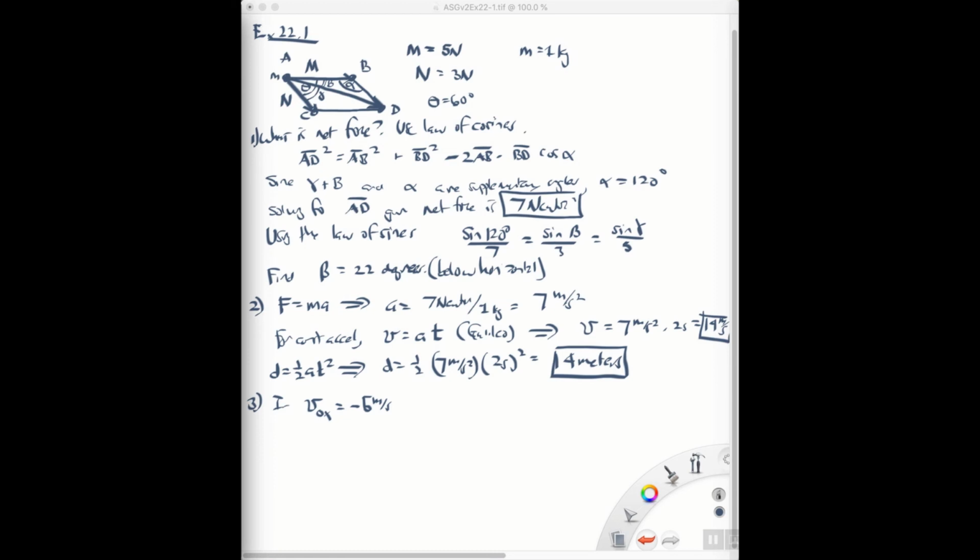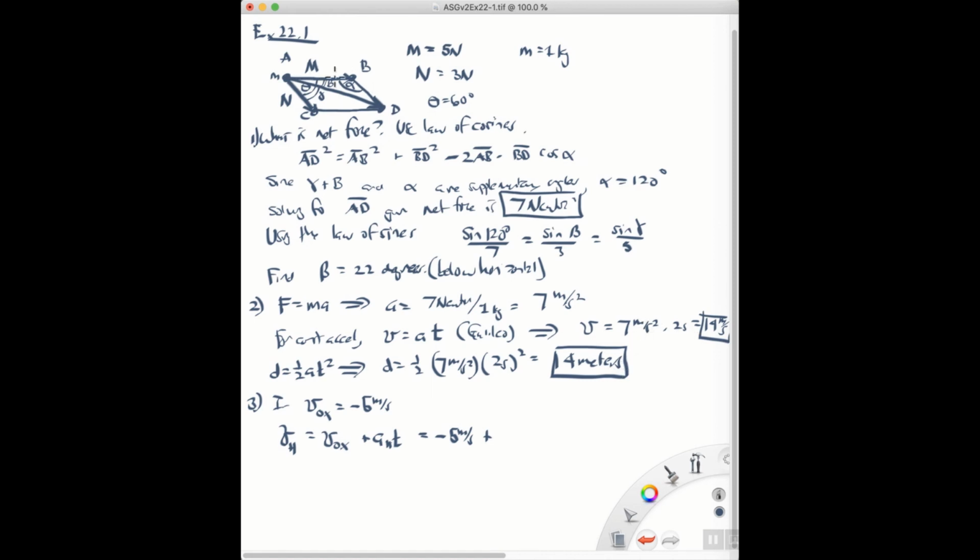So let's figure out the horizontal velocity. The velocity in the horizontal direction is going to be the initial velocity in the x direction, I'm using x for horizontal, plus the horizontal acceleration times time. The initial speed in the x direction was -5 meters per second. And for the horizontal acceleration, we know the total acceleration was 7 meters per second squared.